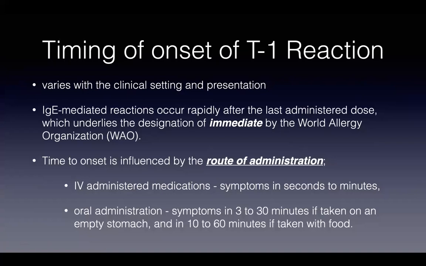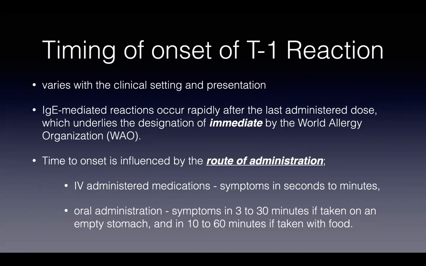Regarding the timing of onset of type 1 reaction, that is very important, because we already discussed that it is an immediate type. It can vary with the clinical setting and the presentation. IgE mediated reactions occur rapidly after the last administered dose, which underlies the designation immediate. That is the reason why it is called immediate type.